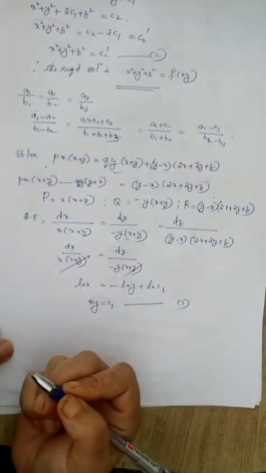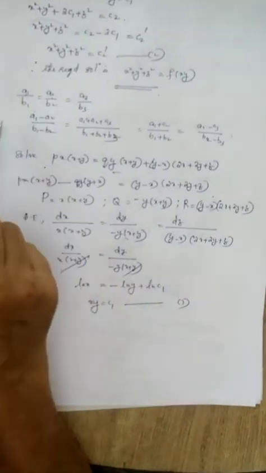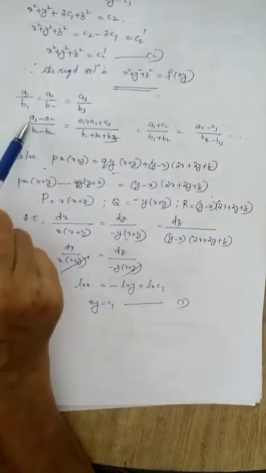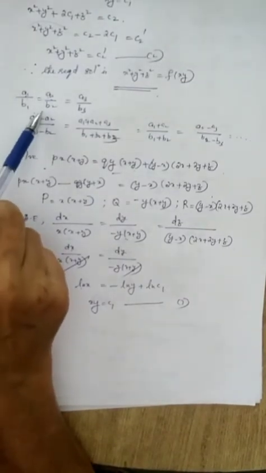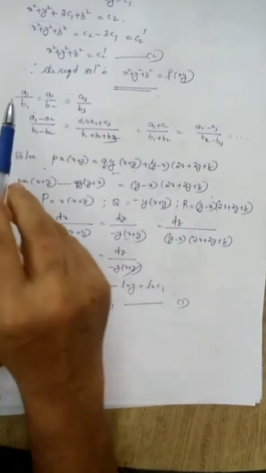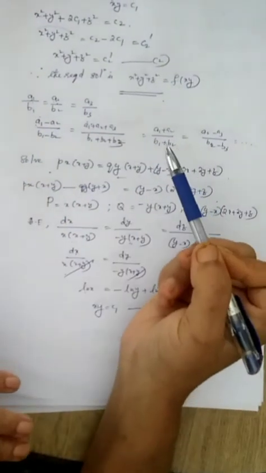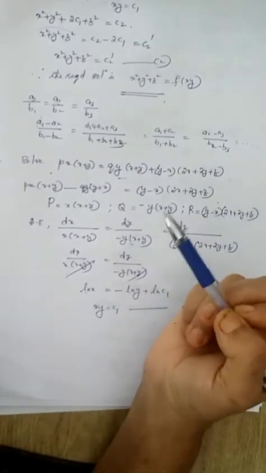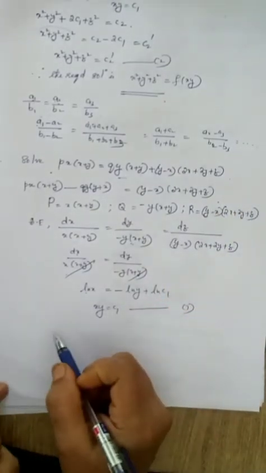Now, in order to get the second part of the solution, we are applying the above important property, that is, if a1 by b1 equal to a2 by b2 equal to a3 by b3, then a1 plus a2 by b1 plus b2 is equal to a1 plus a2 plus a3 by b1 plus b2 plus b3. So we are applying that property here.